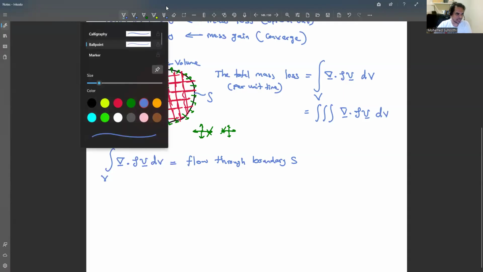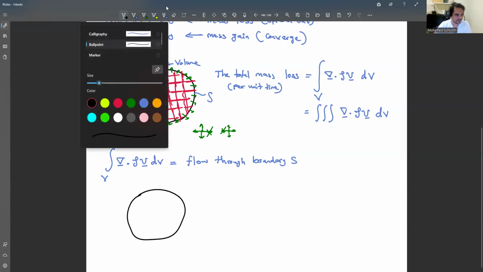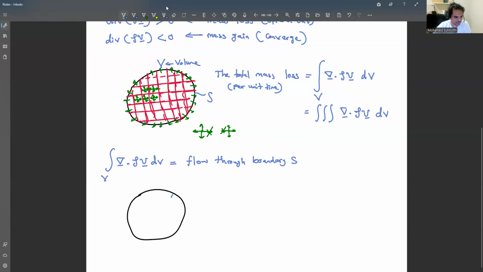How can I find the flow through this boundary? Let me bring the same volume here. If I want to find the flow rate through this boundary, the surface has a normal vector n.